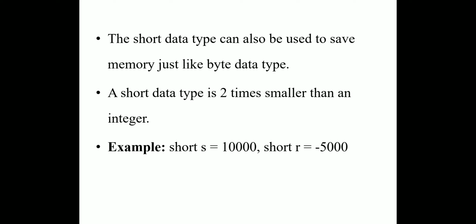Example: short s equal to 10,000, short r equal to minus 5,000. In this example, we assign 10,000 to the s variable and minus 5,000 to the r variable, and the data type is short, which is 2 times smaller than the integer.